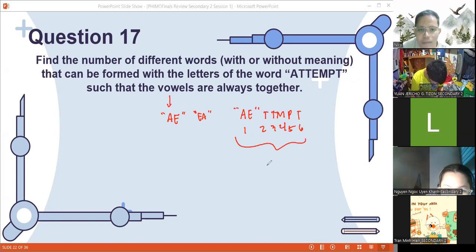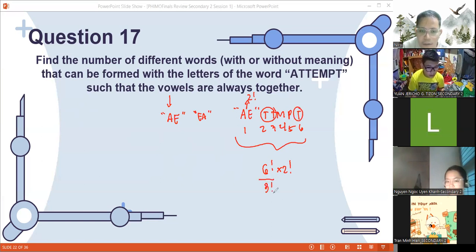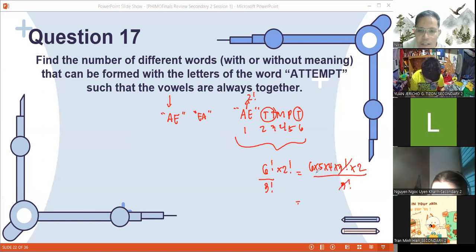So we can arrange them 6 factorial times. Now the vowels can be arranged 2 factorial times. Now, how many letters are the same? T and T, so divide this by 3 factorial. So the answer is 6 times 5 times 4 times 3 factorial times 2 over 3 factorial, which is 240.